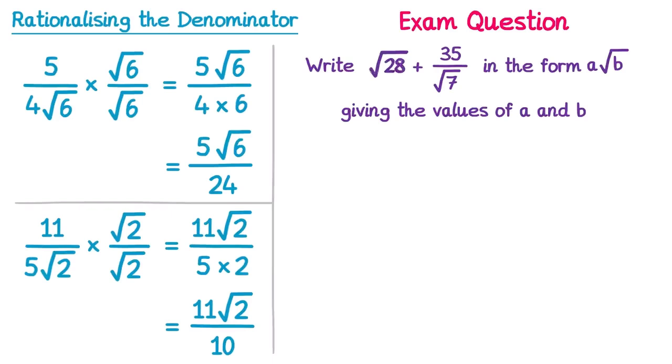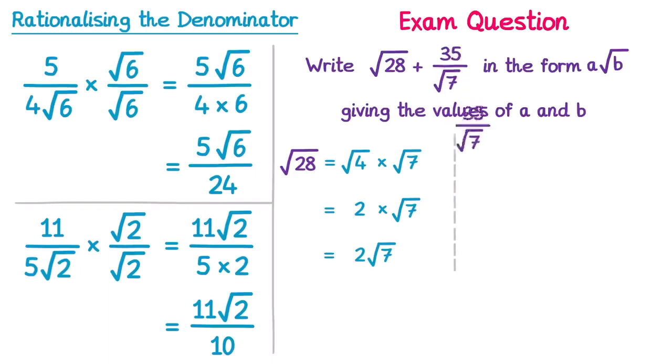Let's take square root 28 and rewrite that as root 4 times root 7. Root 4 is just 2, so it's 2 times root 7, which is 2 root 7. So that's the root 28 simplified, but what about 35 over square root 7? Well, we can rationalise the denominator here.